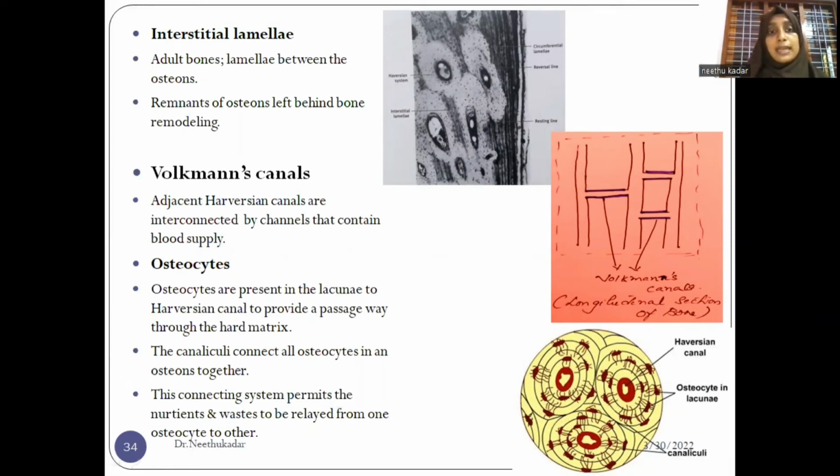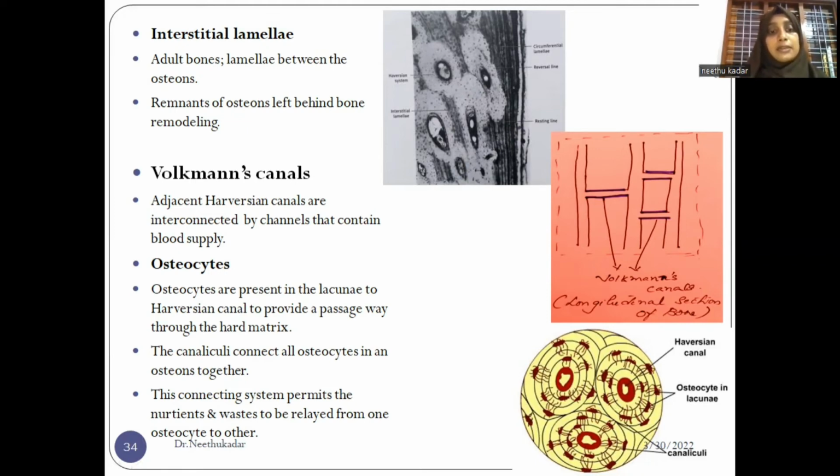Moving on to osteocytes. Osteocytes are present in the lacunae, which line the Haversian canal. They help to provide a passageway through the hard matrix. An osteocyte lies within a small cavity called lacunae, and its cell processes lie in slit-like spaces called canaliculi.